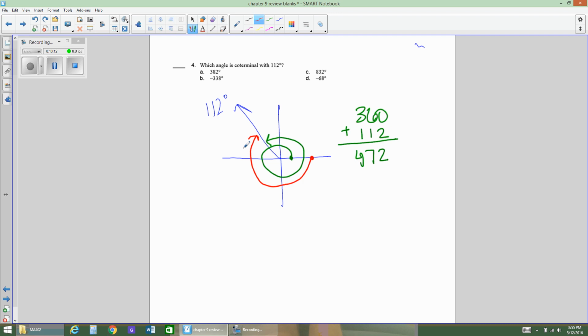Well, that's just 360 minus 112, which is 248. But I know it's negative because I went in the negative direction. Is that an answer? Nope. Okay, we're out of luck.